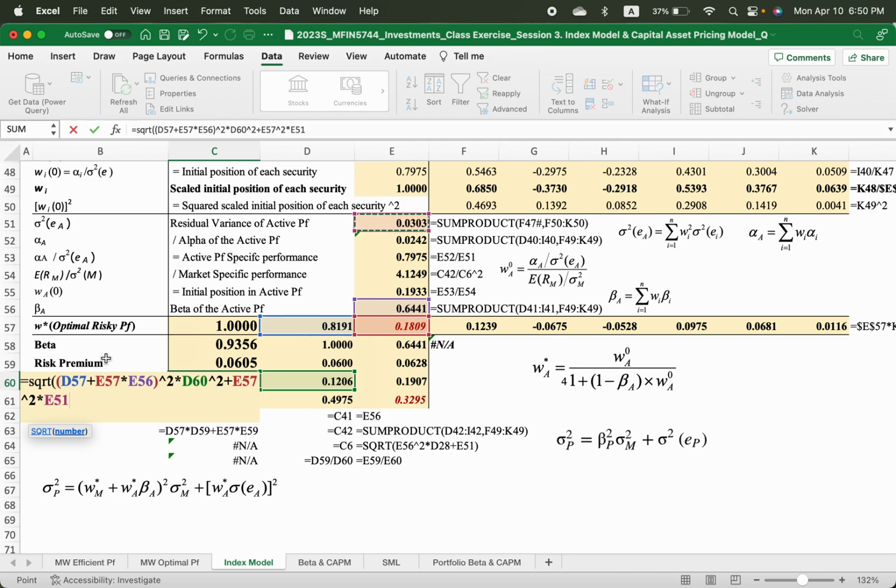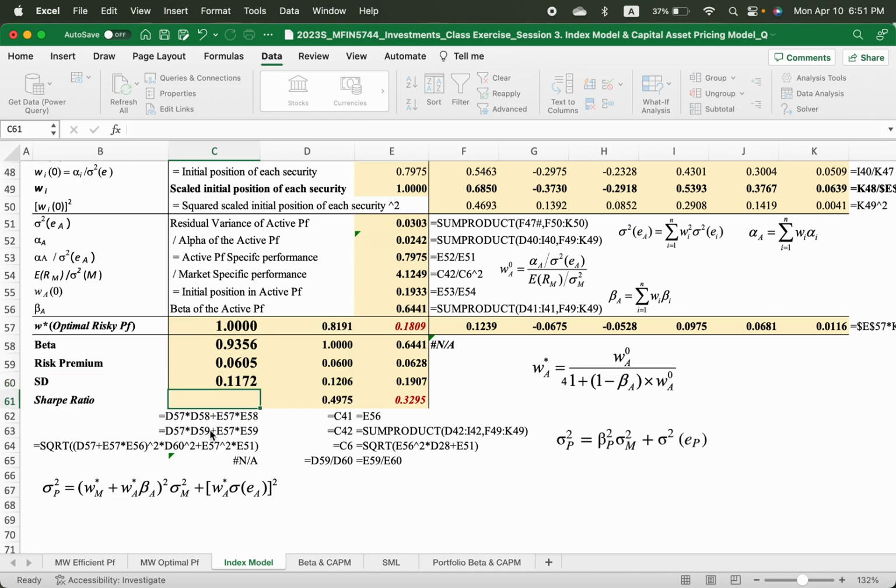We already have this one, right? That's why we don't have to scale this part. Now let's just close the parenthesis. I think it produces the standard deviation now 11.72.